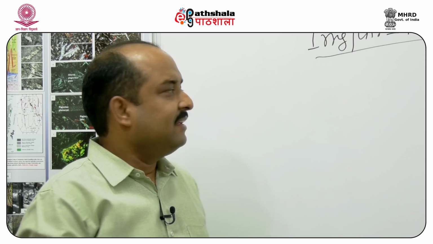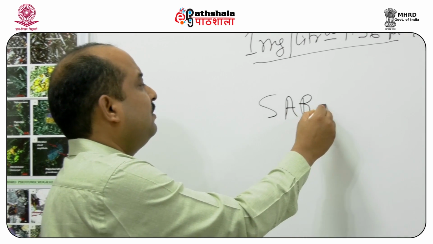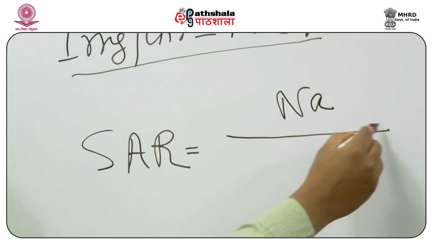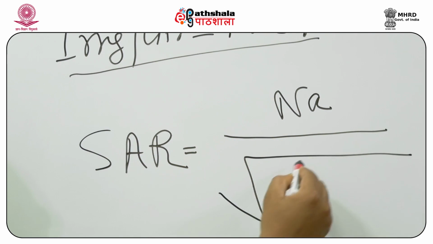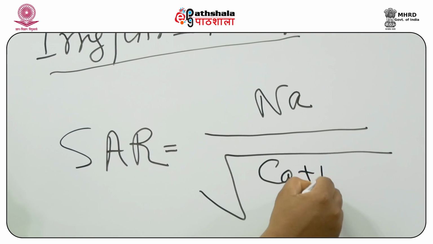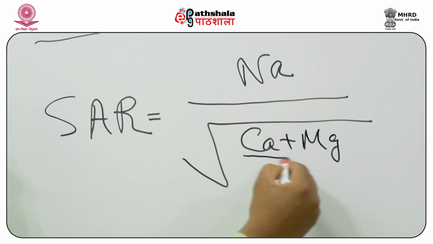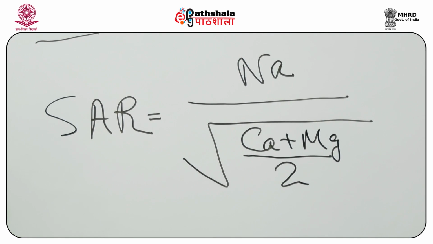So what is SAR? SAR is sodium adsorption ratio: concentration of Na in milli-equivalents per liter divided by the root of the concentration of Ca added to the concentration of Mg in milli-equivalents per liter, divided by 2. So that is SAR.